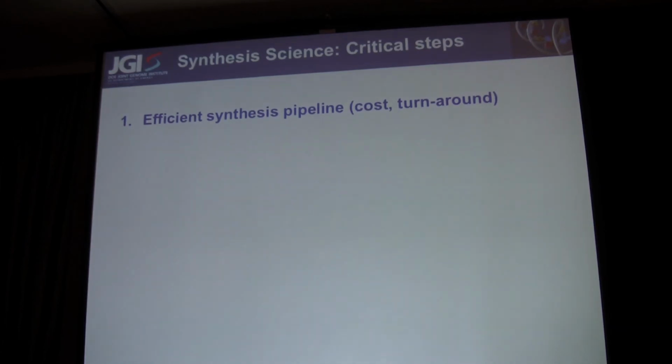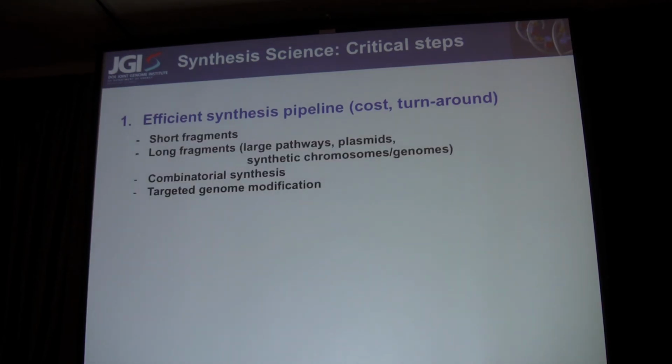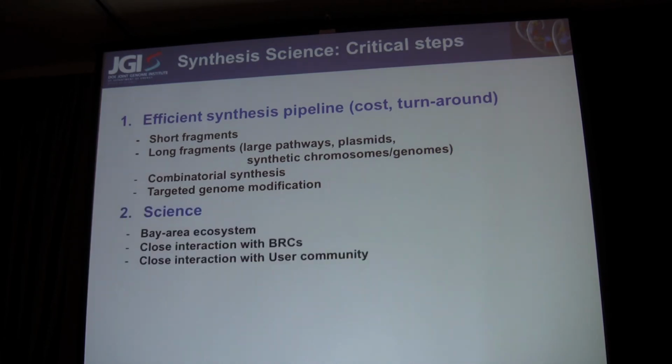So to summarize what I've told you before, we really have a vision for growing this synthesis program at JGI. But for it to be successful and have an impact, I think we need to comply with a number of critical steps. So we need to have an efficient synthesis pipeline that will generate things like short fragments, long fragments, combinatorial libraries, and also targeted genome modifications.